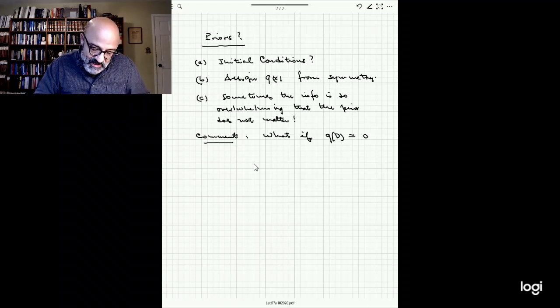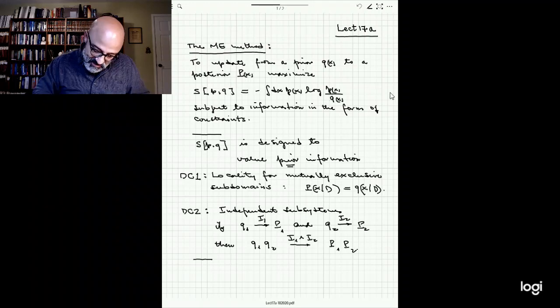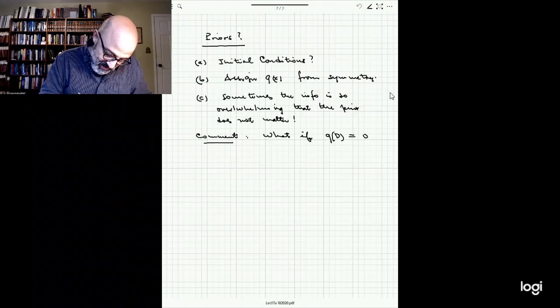If you go back to our formula for the entropy, you see that you're going to have a little bit of a problem, because if the Q goes to 0, the log goes to minus infinity or something like that, right? It diverges. So let's take a look at that. Let me write out that formula first.